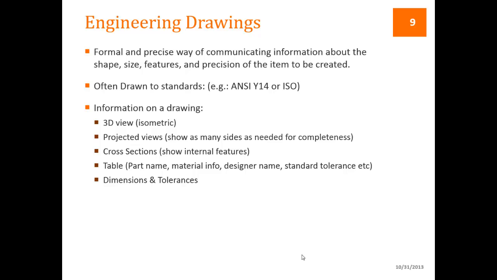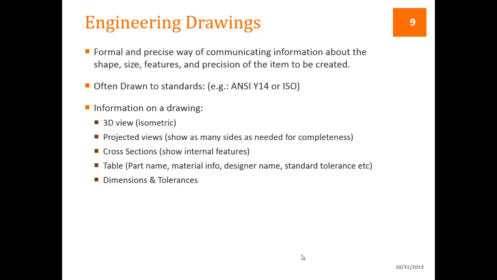There are standards in industry, and depending on the company that you're working for, you may have different standards. So pay attention to training and instructions given. And many of the CAD software packages have these standards built in, so you just have to specify them. The information that a drawing gives usually includes some sort of 3D view, so you have a picture of a 3D object on your drawing.